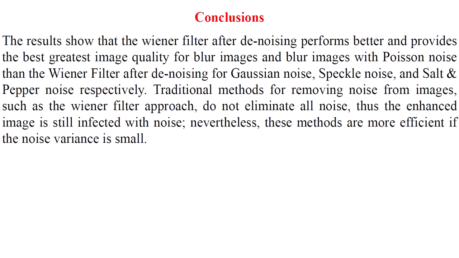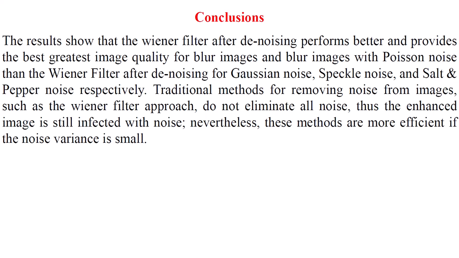Conclusion of this paper: the results show that the winner filter after denoising performs better and provides the best image quality for blur image and blur image with Poisson noise than the winner filter after denoising for Gaussian noise, speckle noise, and salt and pepper noise respectively.